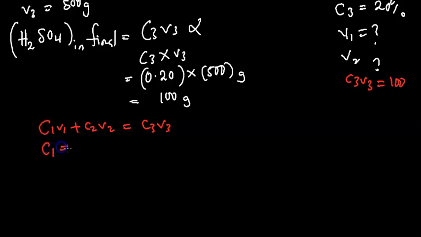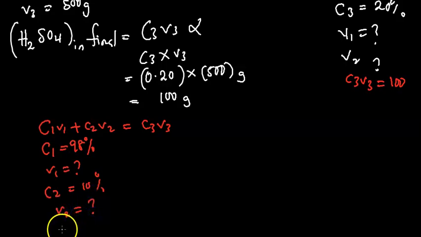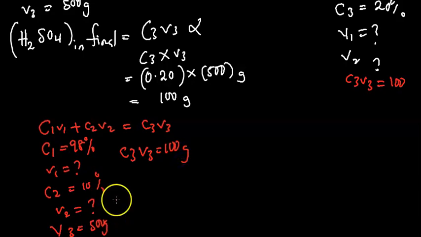Our C1 is simply going to be 98%. V1 is unknown. C2 is 10%. V2 also is unknown. But we are given V3 to be equal to 500 grams. Also, C3 V3 is 100 grams. Let's substitute this into our formula. Our formula is C1 V1 plus C2 V2, which is equal to C3 V3.